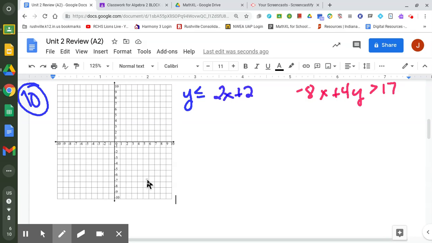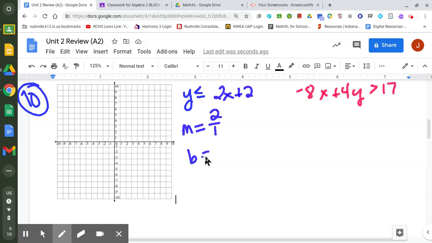On number 10, you are given 2 inequalities, and then you're asked to graph both of those inequalities on the same grid. So we're going to have some shading, which means we're going to end up having some super shading because there are 2 equations. So for my blue equation or inequality, the m is 2, and we can write that as 2 over 1.